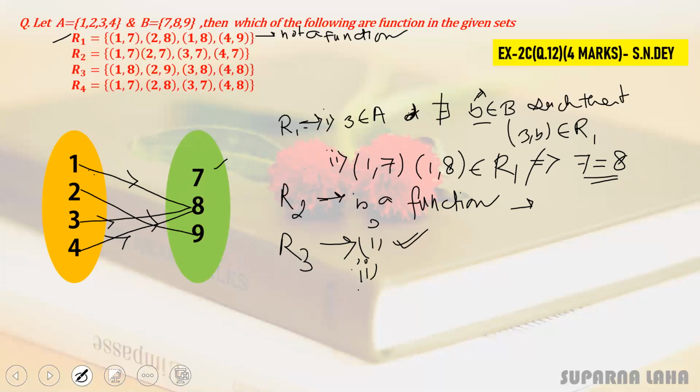Number 2: every element has just only one image. 1 has image 8, 2 image 9, 3 image 8, 4 image again 8. So every element has just only one image, no matter whether they are equal or not. So the second condition is also satisfied. So we can say that R3 is a function.